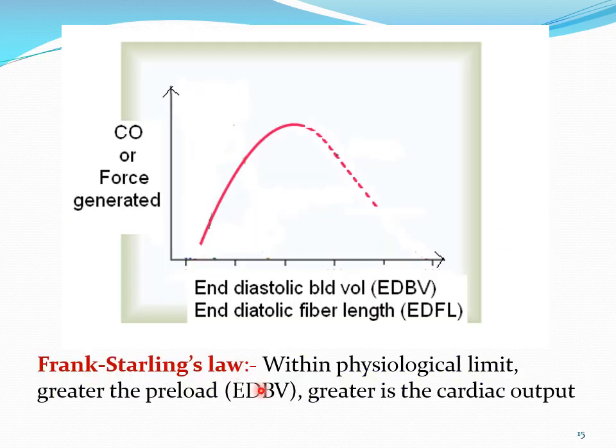So we'll continue. In this graph, or in this curve, you can understand the relation of end diastolic volume with the force of contraction. Here in this diagram, end diastolic volume is increasing. As the end diastolic volume increases, the contraction of the muscle increases, but it is only up to the physiological limit. If the muscle is stretched more than that, how much the muscle contracts decreases.